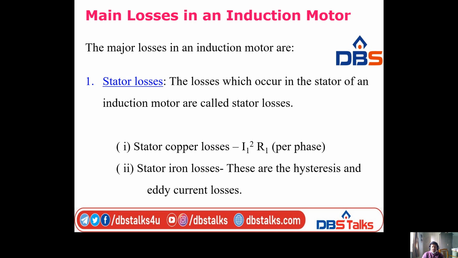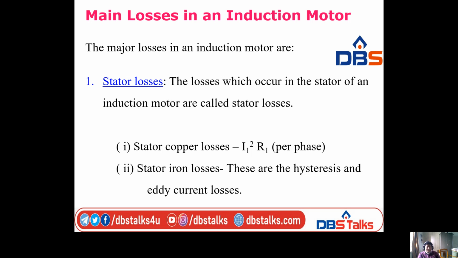The losses which occur in the stator of an induction motor are called stator losses. Losses which occur in the stator winding are called stator losses. The stator losses may be classified into two types: stator copper losses and stator iron losses. As usual, copper loss is proportional to the square of the current.